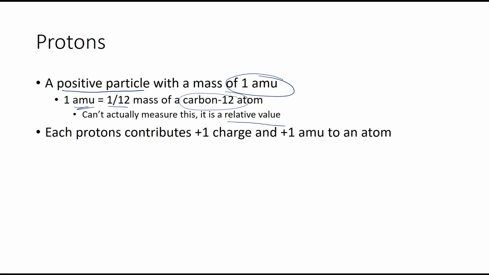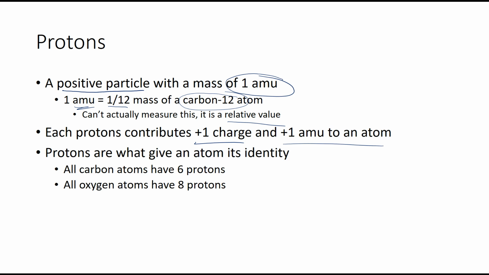What you have to understand about protons is they contribute +1 charge per proton and +1 AMU to an atom. And protons are what give an atom its identity. The number of electrons and the number of neutrons in an atom is variable, and certain conditions can cause those numbers to change. But if we're going to call something carbon, we know that it has 6 protons.